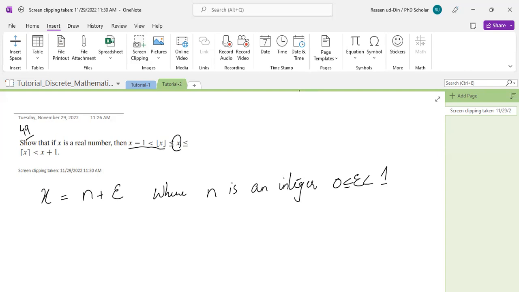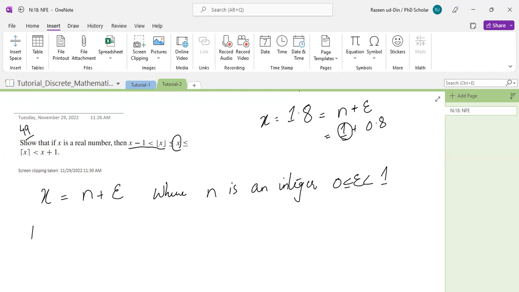For example, if I have x as 1.78 and I'm writing this x as n plus epsilon, integer plus some decimal part, so n is 1 and epsilon is 0.78. So this n must be less than or equal to x. Equality occurs when x is an integer itself.